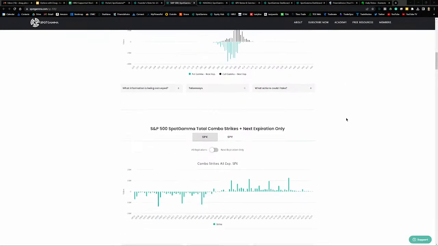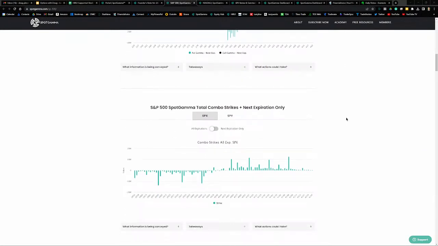Let's take a look at these combo levels now. This is the combined strikes for SPX and SPY, shown in terms of SPX numbers. And note here the 4024 strike, and recall the volatility trigger is at 4025.